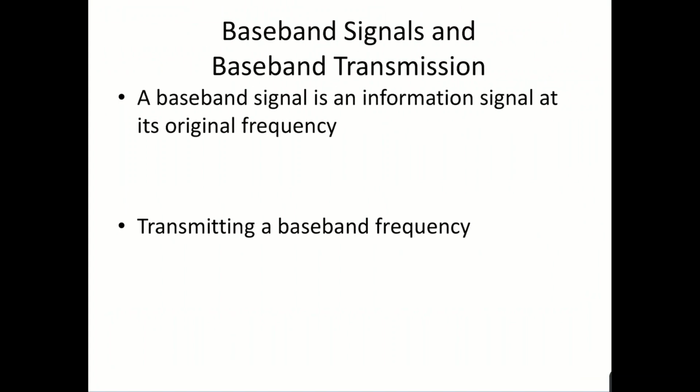So moving forward. A baseband signal is simply an information signal at its original frequency. And one of the key concepts here is this is typically at a lower frequency.